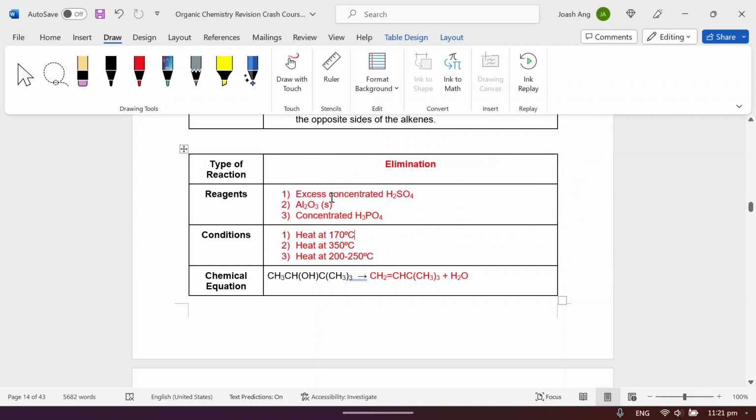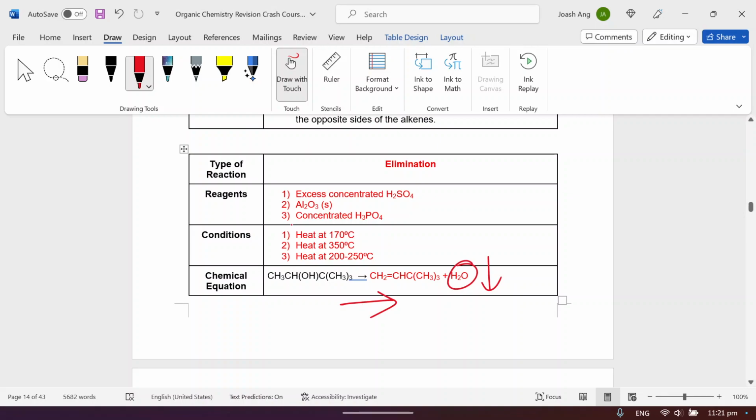And the reason why we use these two is because they are very good drying reagents that help to absorb the water. Alright, so since the number of moles of water goes down in this case, that's why your POE can shift to the right.